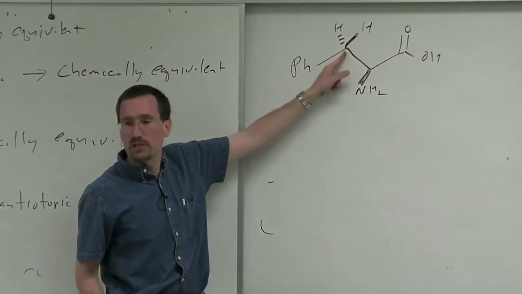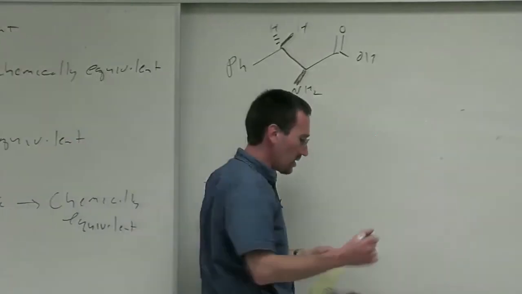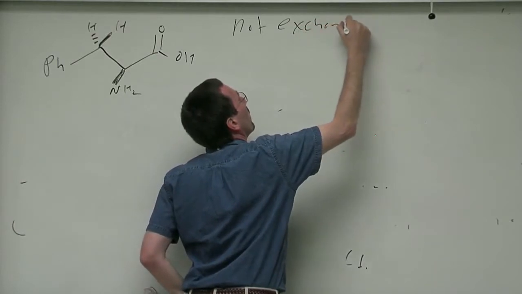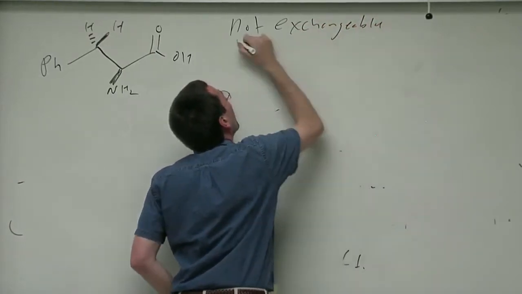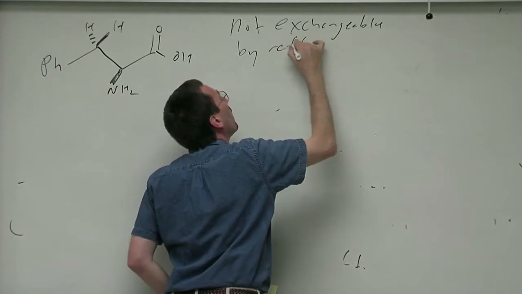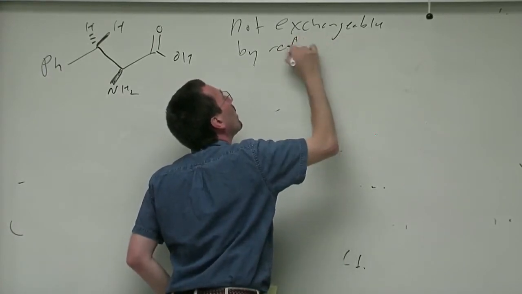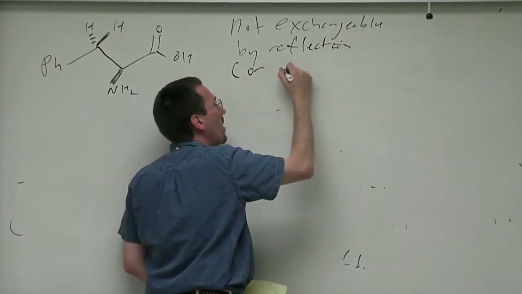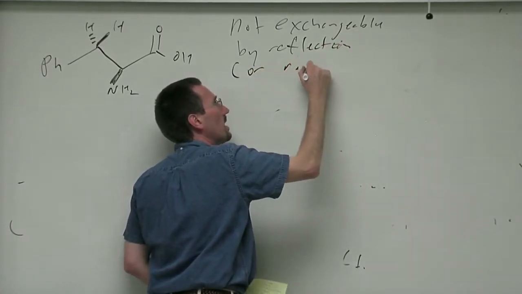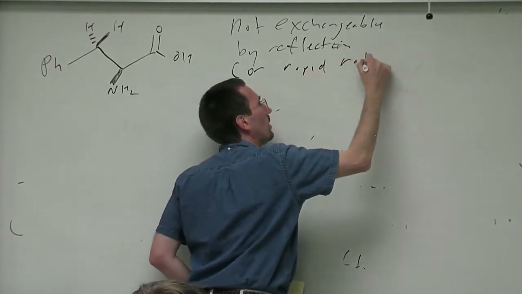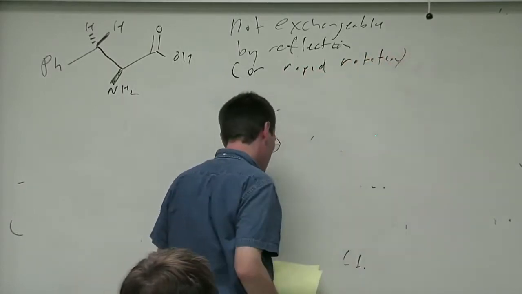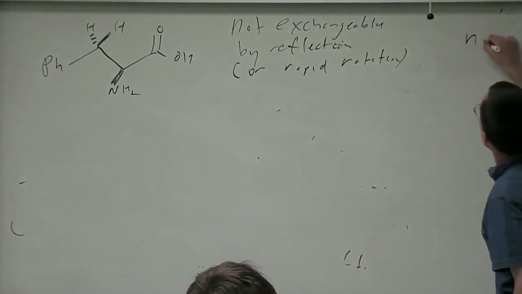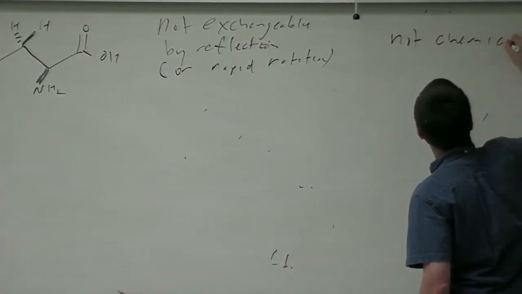These two protons are now no longer exchangeable by reflection. And no matter how rapidly you rotate, they still are not the same. So these two protons now, the methylene protons, are not chemically equivalent.